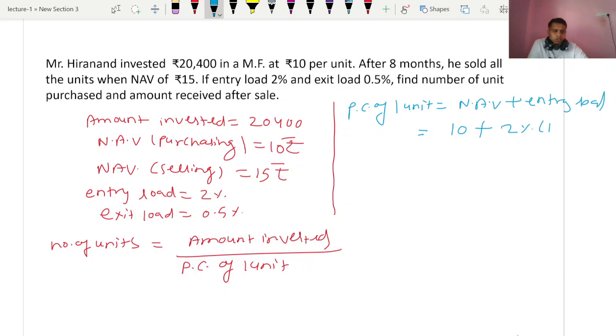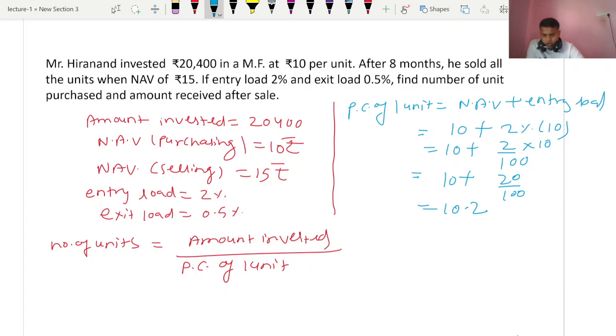Net asset value, which is 10. So this will become 10 plus 2 by 100 into 10. So 10 plus 20 by 100 is nothing but 10.2.